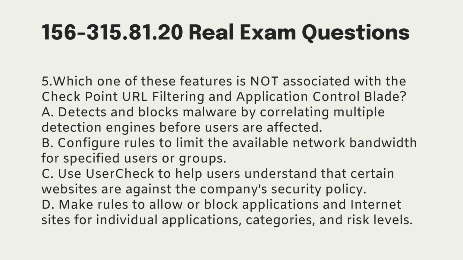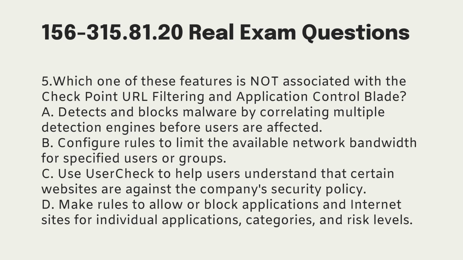5. Which one of these features is not associated with the Checkpoint URL filtering and application control blade? A. Detects and blocks malware by correlating multiple detection engines before users are affected. B. Configure rules to limit the available network bandwidth for specified users or groups.